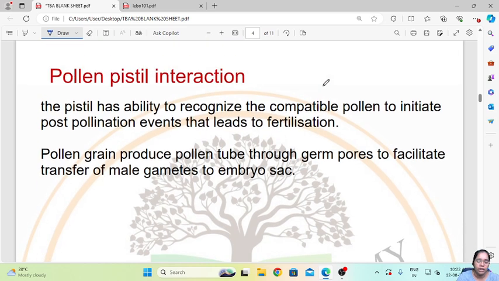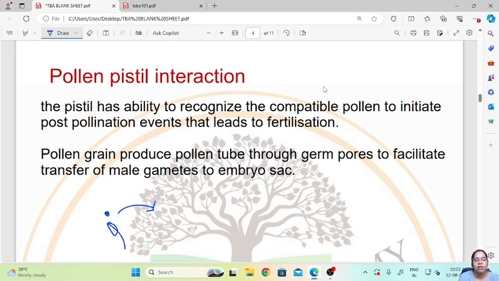So we know that pollination is the transfer of the pollen grain from the anther to the stigma of the flower. So this we know now how this happens. Now we are going to study what will happen after the pollen grain gets settled on the stigma. Okay, so now let us see what is pollen-pistil interaction.